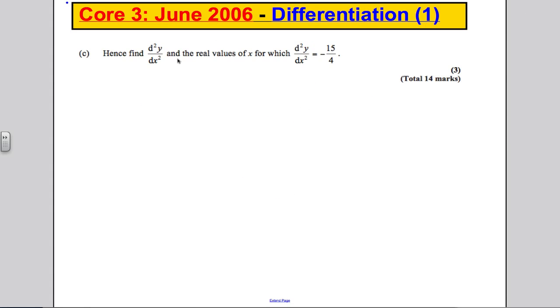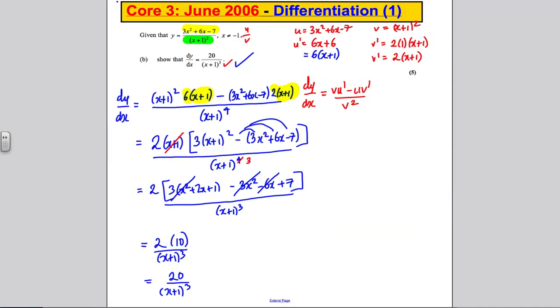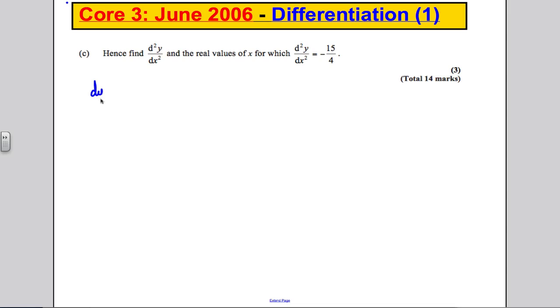Okay, next one, it says hence find the second derivative and the real values for which d2y by dx squared is negative 15 over 4. So the first derivative, dy by dx, is equal to 20 over x plus 1 cubed. And you could write that as 20 times x plus 1 to the negative 3.